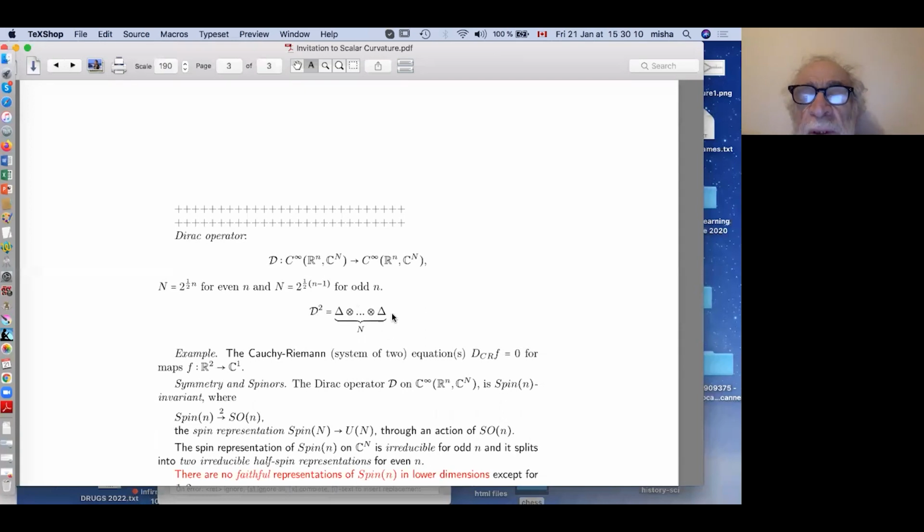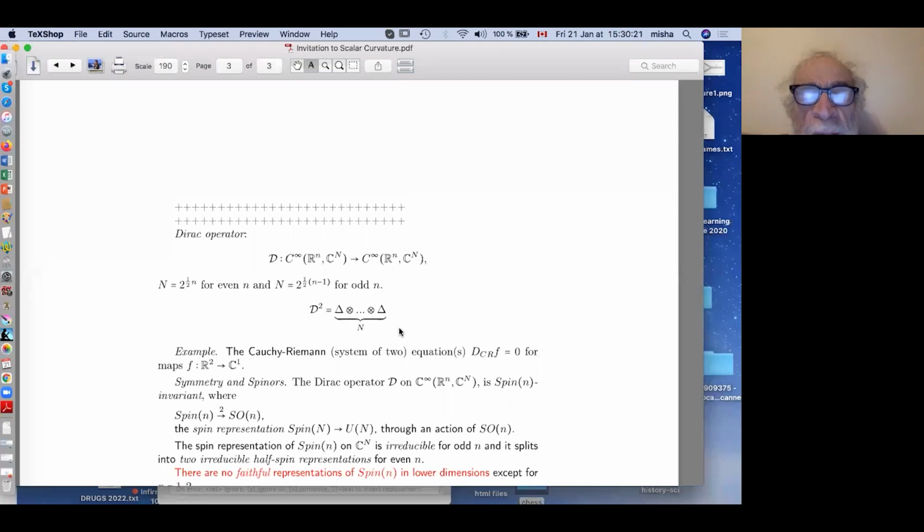And the square of this Dirac operator is the Laplace operator repeated as many times as you have. My number here is wrong. It must be, it's correct. It's on the Euclidean space, but n big copies of this.